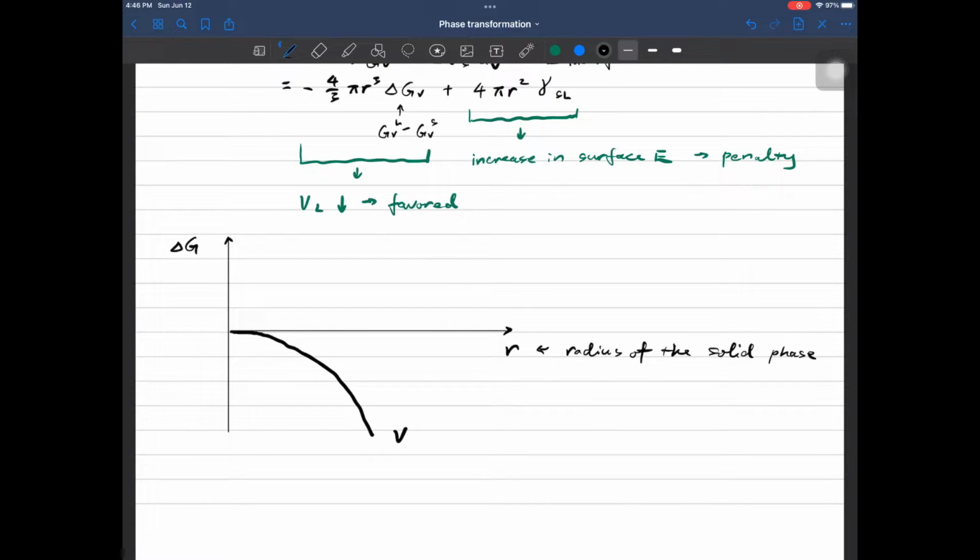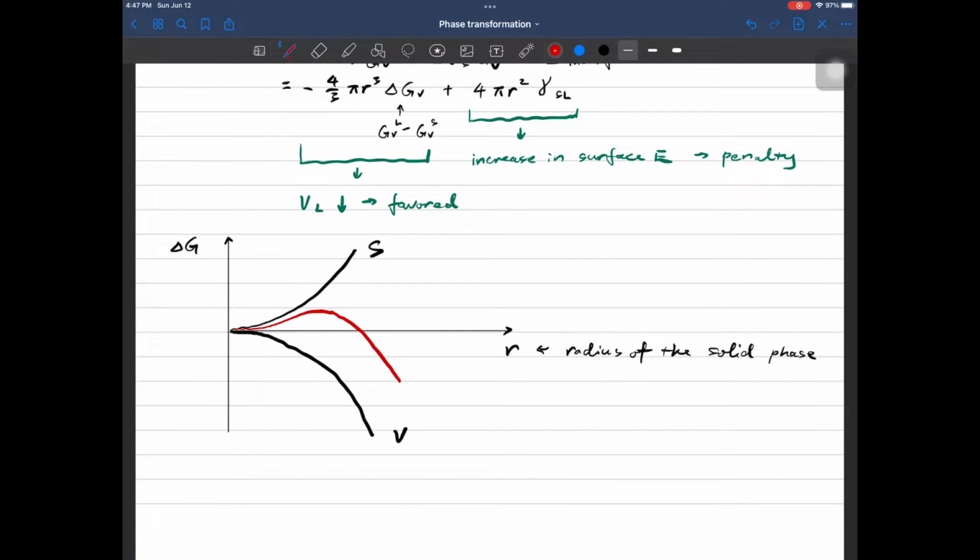At the same time, as r increases, the surface area for the liquid-solid interface also increases, and we know that acts as a penalty, so the energy increases as r increases. If you add these two curves together, you'll get something like this.